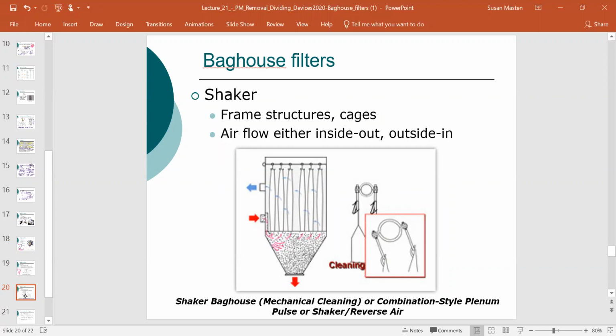These get shaken, and the particles fall out. This is actually one of the most common types of baghouse filters, the shaker operation.